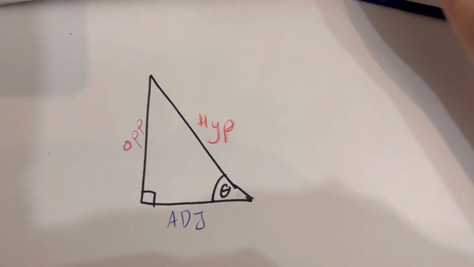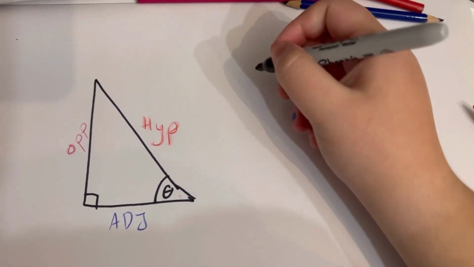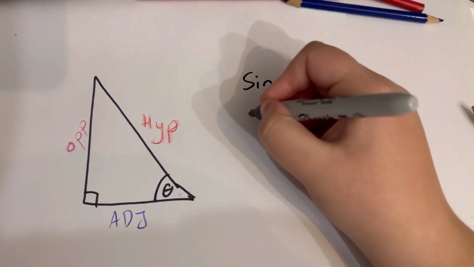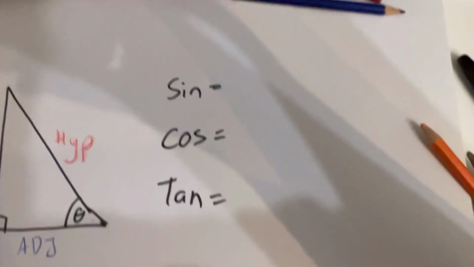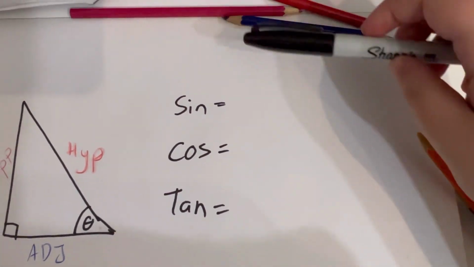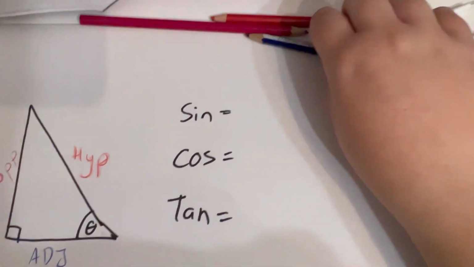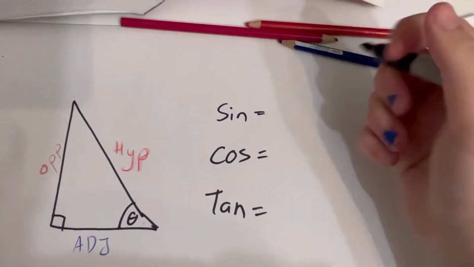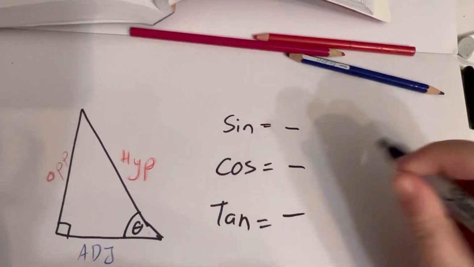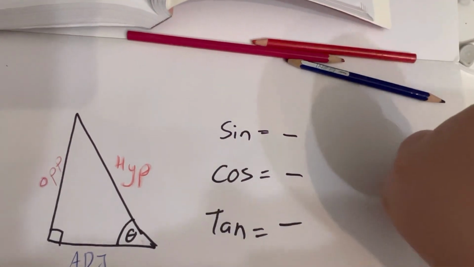Now, the importance of that is when it comes to using your trigonometric ratios, which are sine, cos, and tan. Okay, so your three trigonometric ratios, sine, cos, and tan. Now, I'm sure you're aware, these all have their own formula, right?